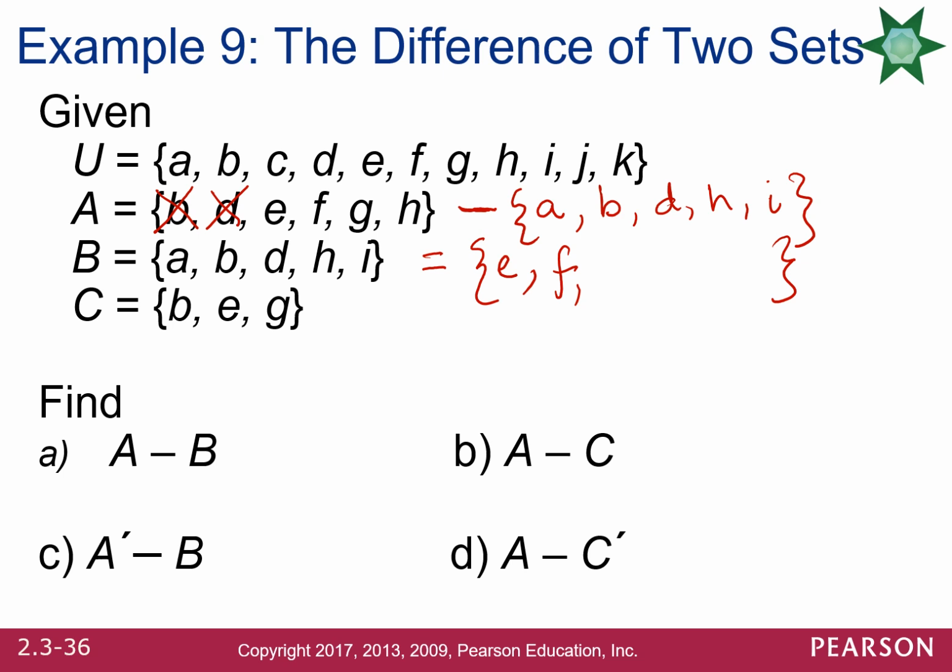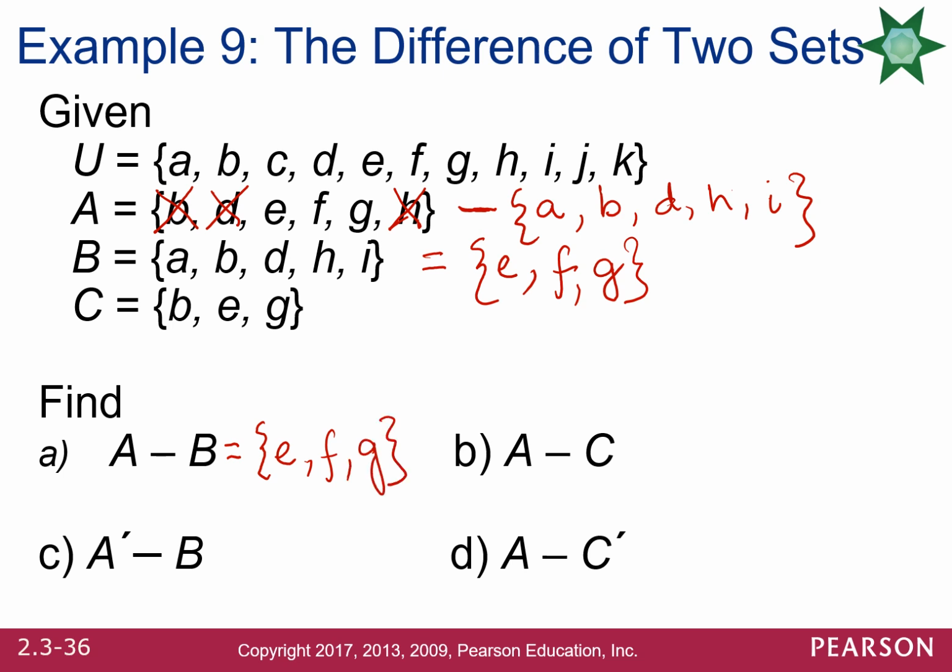We can include the G, and H again is in set B, so we cannot include that. All right. So E, F, G is the final solution, right? So A minus B is going to be the set E, F, and G.